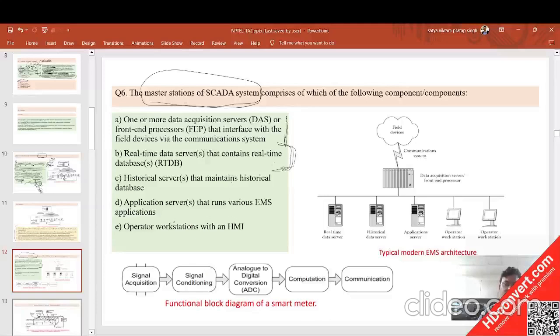False in the sense of what components are there in this SCADA system, whether all the components are there or certain components are missing. A, B, C, D, E are the components. If you see the right side image also, you can guess.